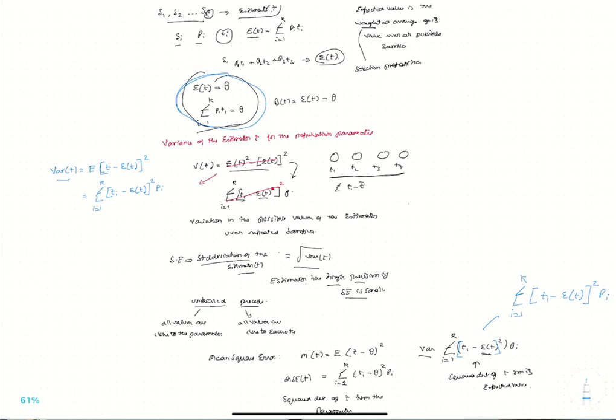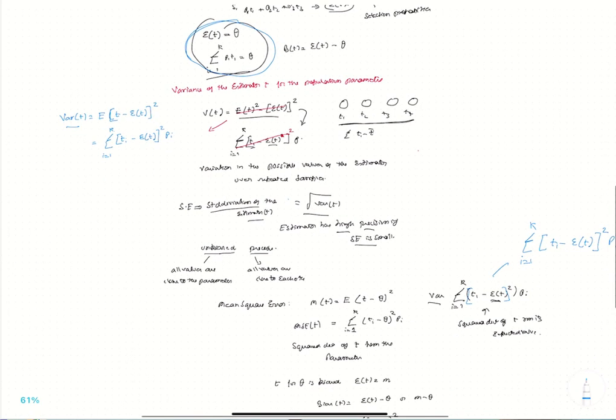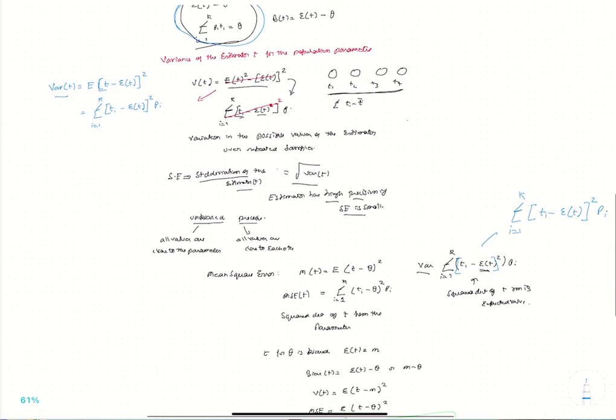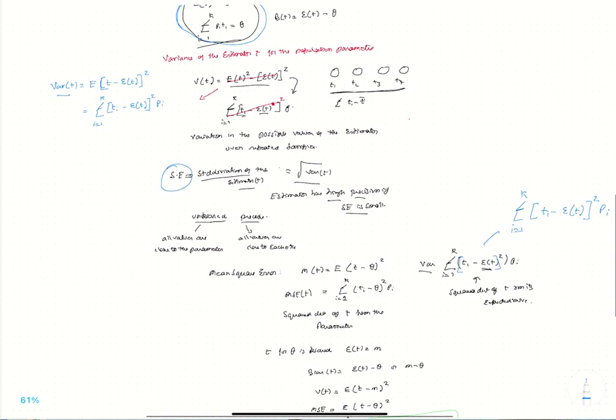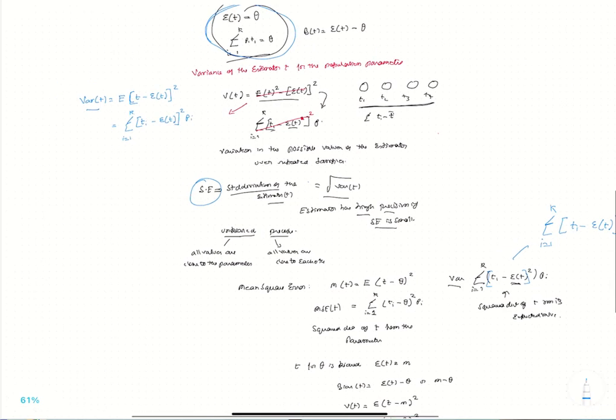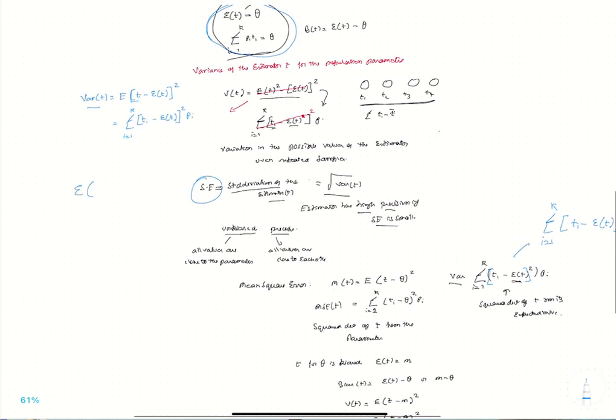But when we want the mean square error, instead of doing that, you take the standard deviation of the estimator. That is the standard error of the estimator. So again, it is the expected value of t minus expected value of t, and then you square it.